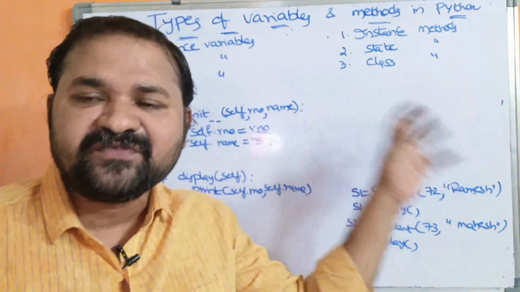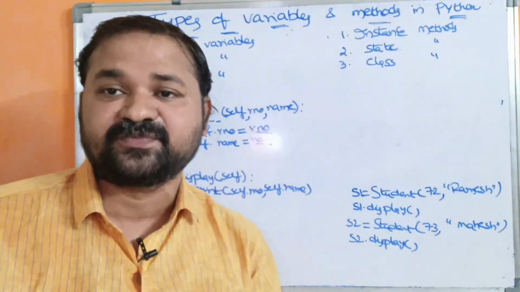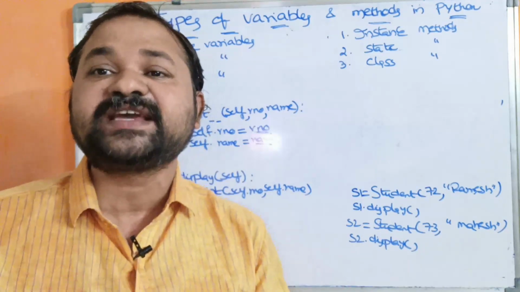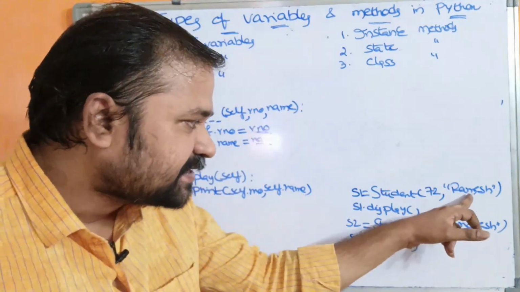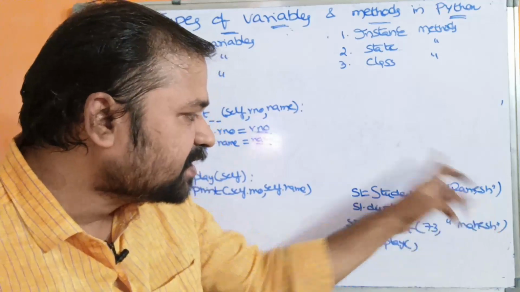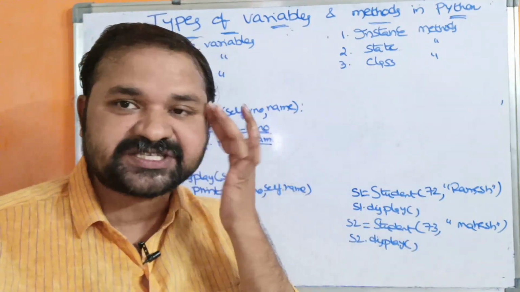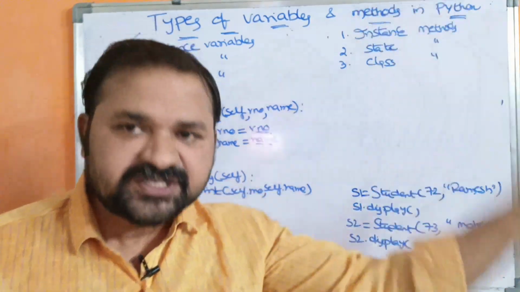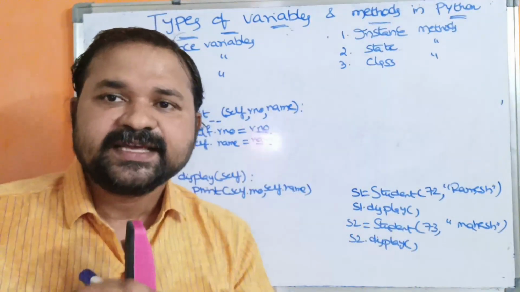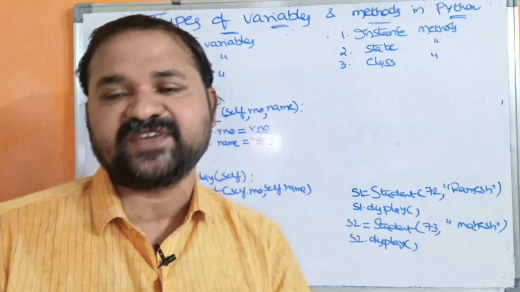So the value of the variable changes from one object to another, and on this occasion we have to use the instance variable. Next, the name of the first object is Ramesh, and the name of the second object is Mahesh. So the name changes from the first object to the second object, and on this occasion also we have to use the instance variable.